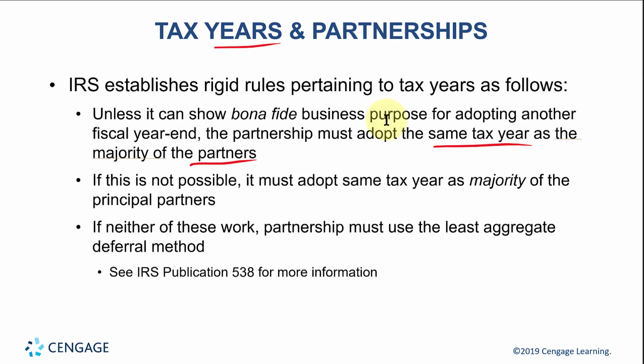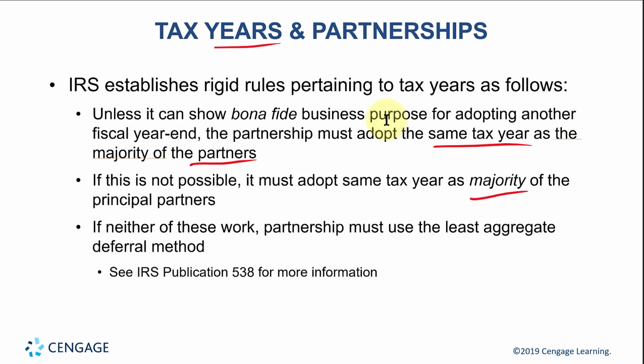So the partnership has to also use a calendar year. Now, sometimes, especially for joint ventures among corporations that don't have a calendar year, whoever owns the largest share of the partnership, that's probably the year you're going to have to use for the partnership.